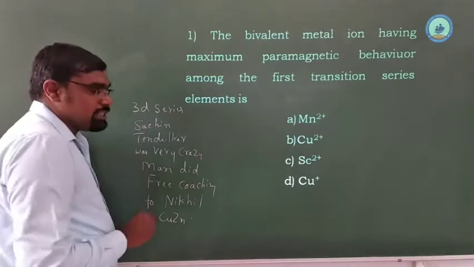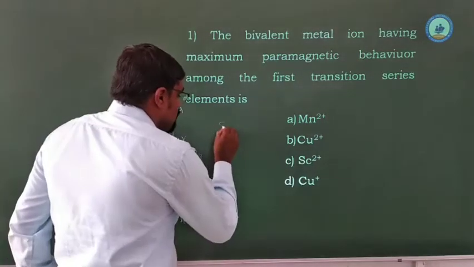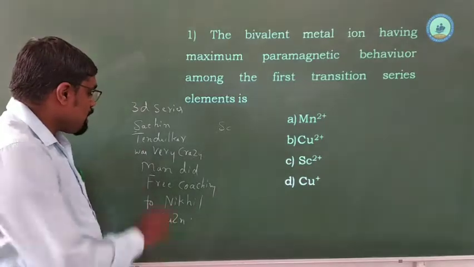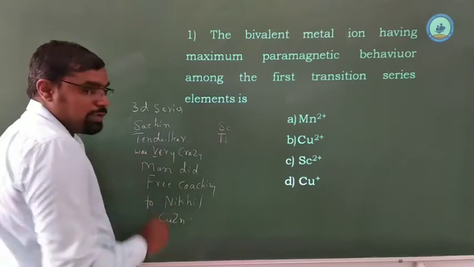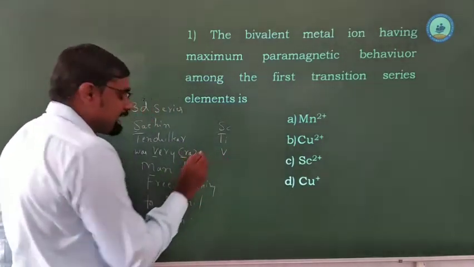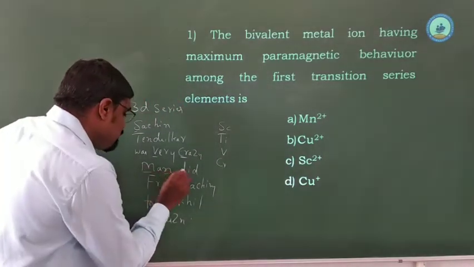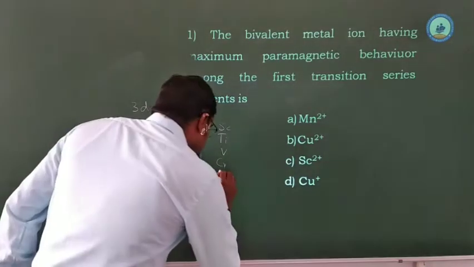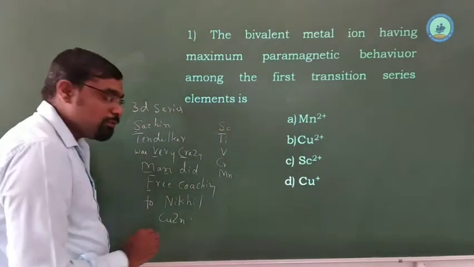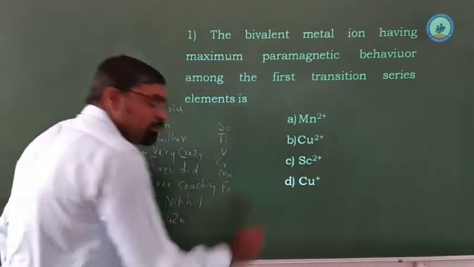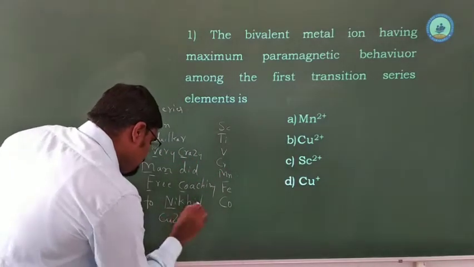What is that? Sachin: the first letter we can take. The first element is scandium, and next Tendulkar, that is titanium, and then very weak, we take vanadium, and crazy Cr, that is chromium, and man, Mn, that is manganese, and did free Fe, iron, and then Co, that is cobalt, and here nickel.